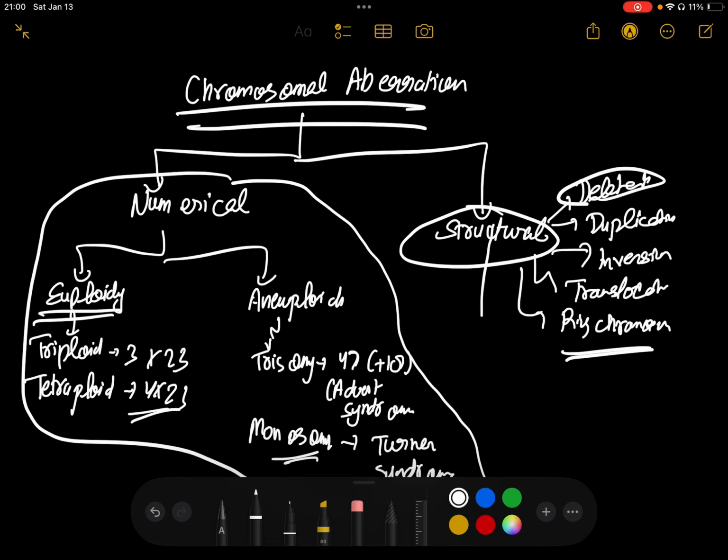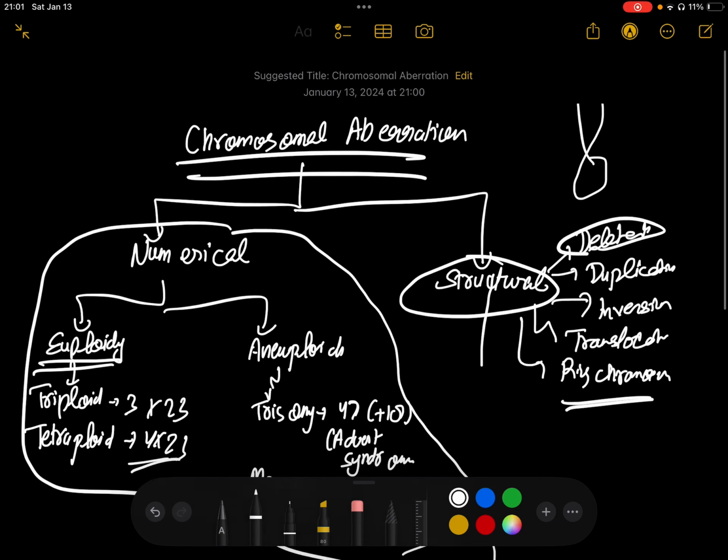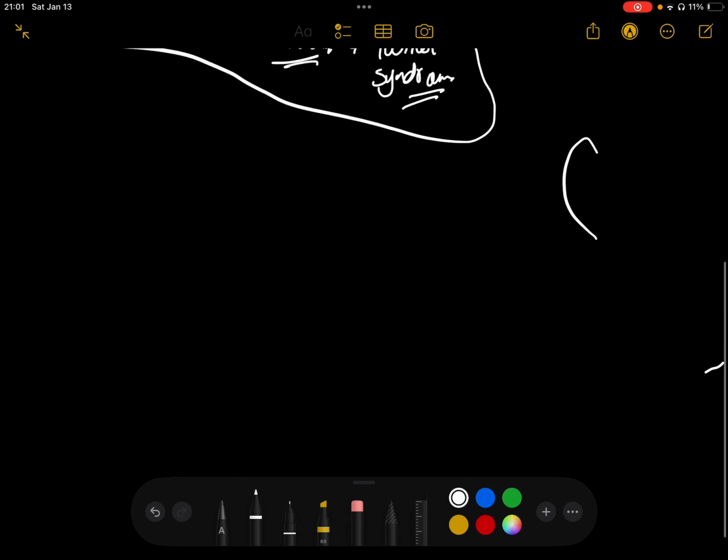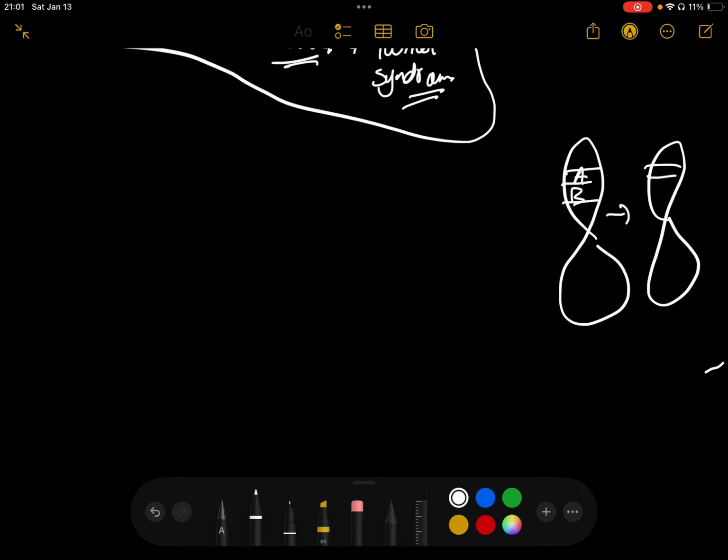In inversion, suppose this is a chromosome. Here it's some gene, and here it is some gene, and if it becomes like this, BA, this is inversion.